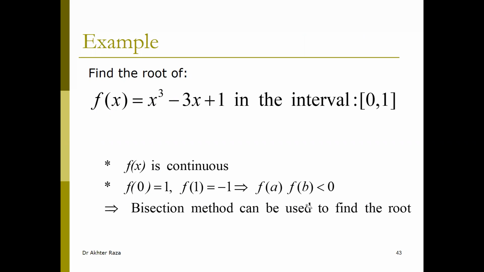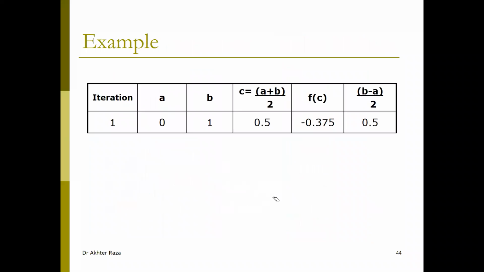Now we have to implement the procedure manually with the help of this equation. In the interval 0 and 1, as I told you, the root exists within this interval, the product is negative, so we are going to find the iterations. What are the next iterations? 0 and 1, sorry.